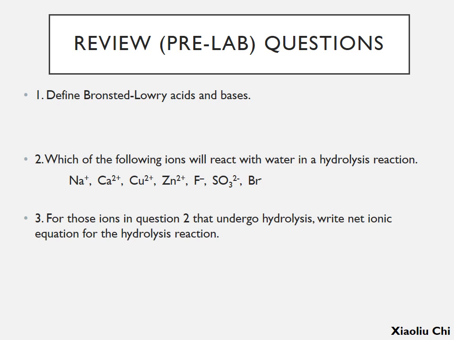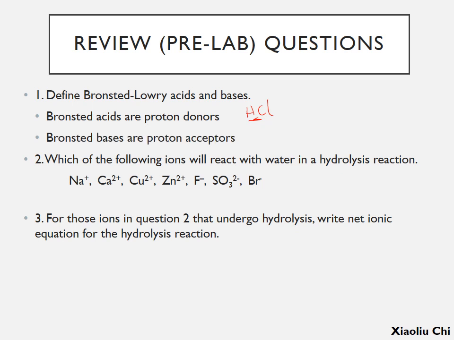Prelab questions. Question number 1. Define Bronsted-Lowry acids and bases. Bronsted acids are proton donors. One example is HCl. This will donate a hydrogen ion or proton. Bronsted bases are proton acceptors.